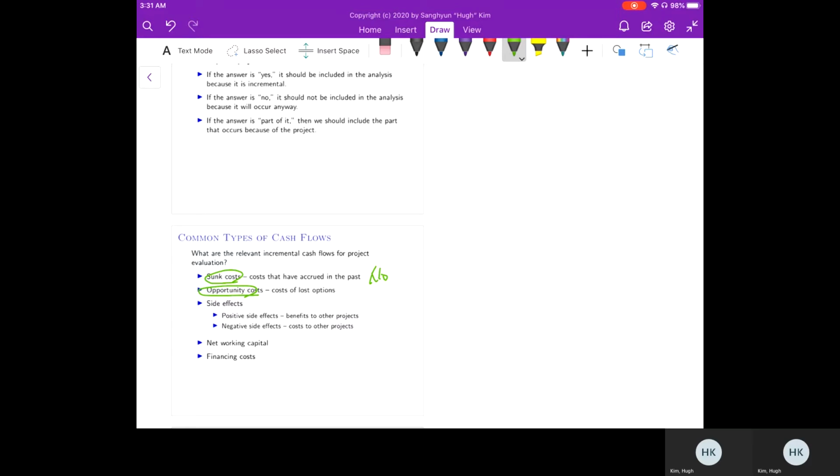For instance, if you're currently working full-time and you're thinking about going back to school, the cost of going back to school not only includes things like tuition and boarding, but also opportunity costs, such as your future income from your current job that you have to give up to go back to college. The opportunity cost can be quite substantial.